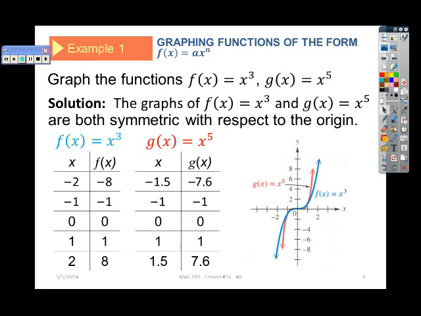If you plot them, the blue line is x cubed. Goes through the origin, goes up on the right, down on the left. The red line is x to the fifth. Goes through the origin, goes up on the right, down on the left. So very similar behavior. But the higher exponent results in a number that goes up much more quickly.